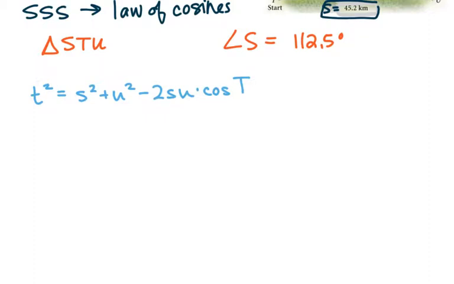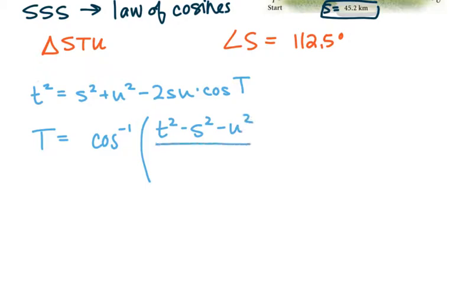So we could say that T is the same as cosine inverse of T squared minus S squared minus U squared all over negative 2 times S times U. So that's the same formula, it's just solved for T.